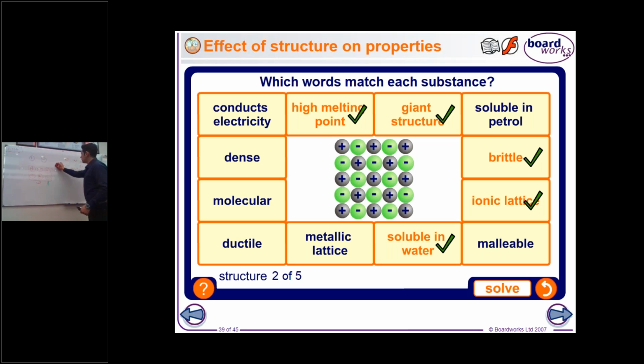Simply, the water molecules will split the ionic compound into its ions. So the ions will start to move freely, hydrogen plus, OH negative, so they will conduct electricity.